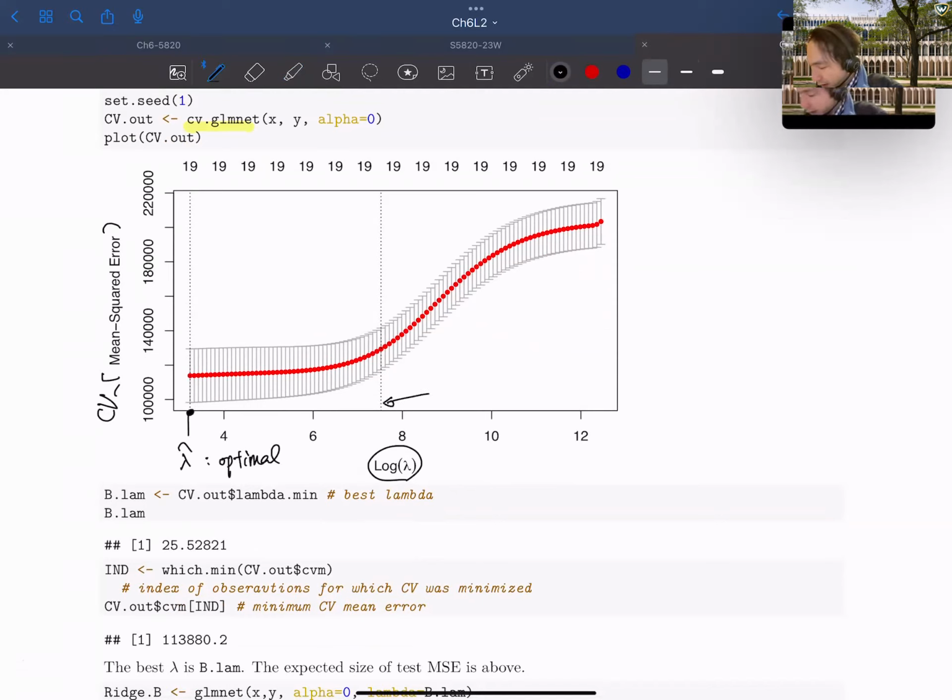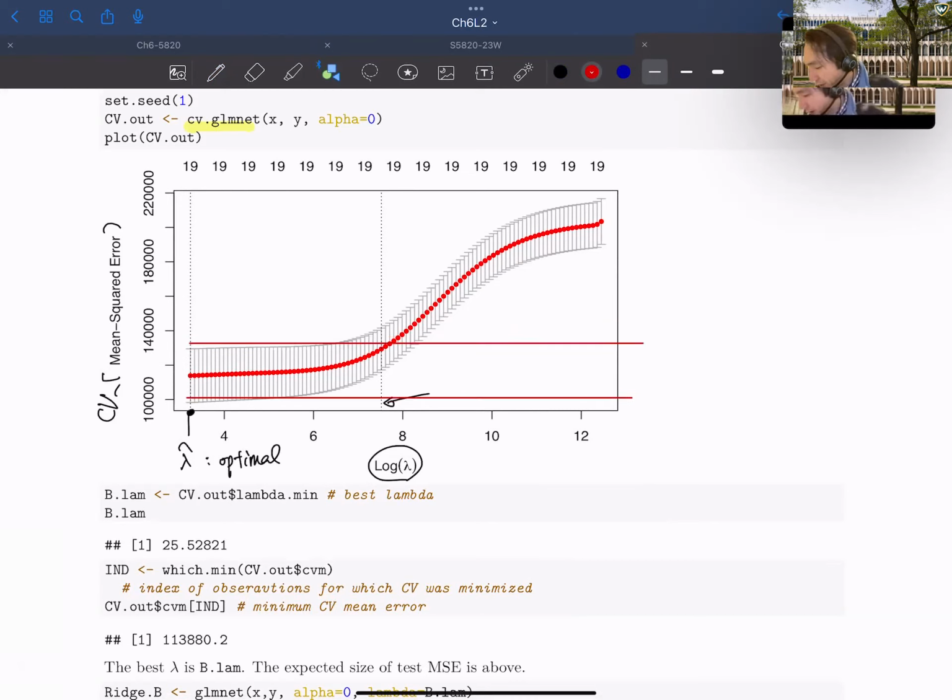And here, just the largest lambda within one standard deviation of the best one. I would say the one standard deviation is this band, and one standard deviation here. So actually this is the intercept.